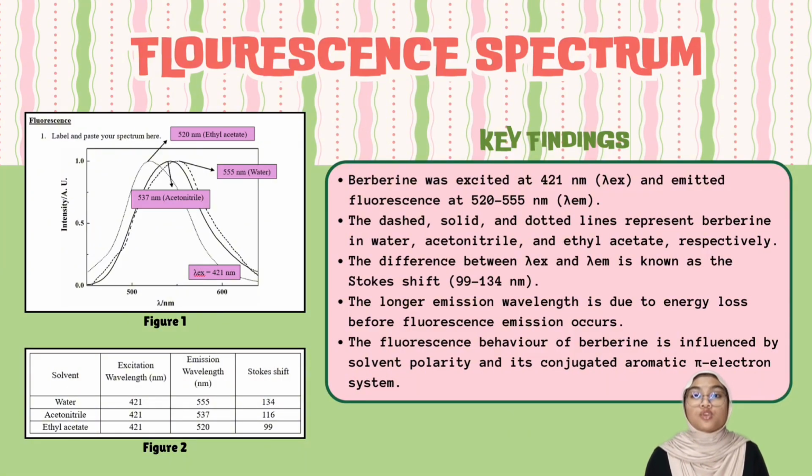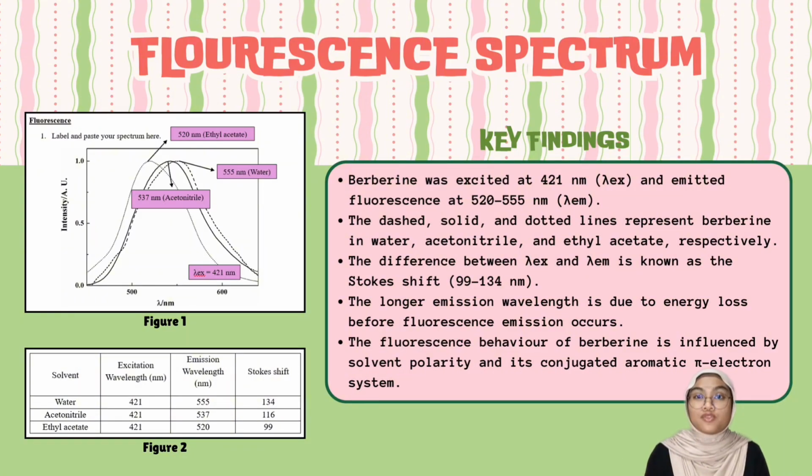After absorbing the energy, berberine emitted light at a longer wavelength. This emitted light is shown in the graph in figure 1 as the fluorescence emission spectrum. The graph contains 3 curves because the researcher dissolved berberine in 3 different solvents: water, acetonitrile, and ethyl acetate. Although the solvent changes, the compound being studied remains berberine.